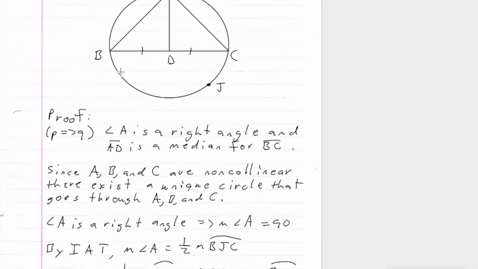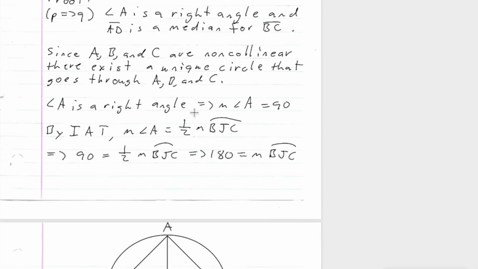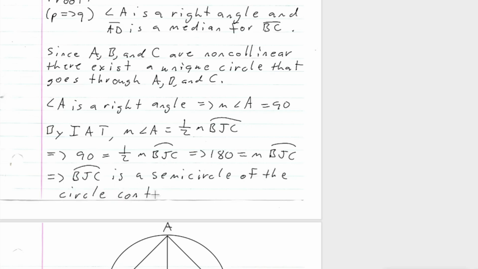So if BJC is 180, that means it's a semicircle of the circle that contains A, B, and C. So this implies arc BJC is a semicircle of the circle containing A, B, and C. Right?